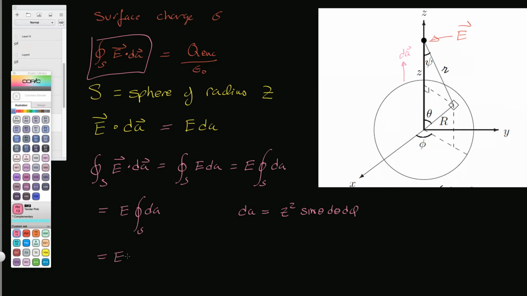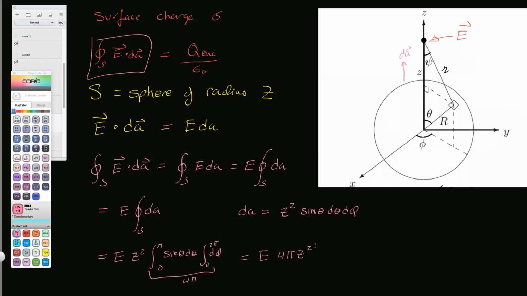So then we have E, Z squared is constant, and then the integral of sine theta d theta, integral of d phi, 0 to pi, 0 to 2 pi. And again, this is always 4 pi. So we get E times 4 pi Z squared, which indeed is the surface area of the surface S.